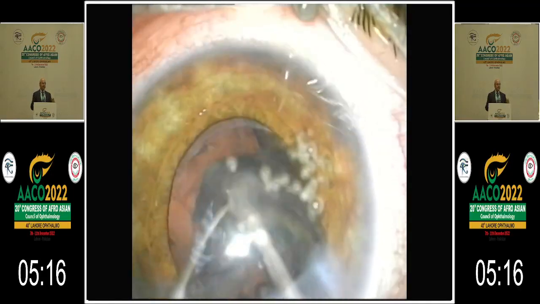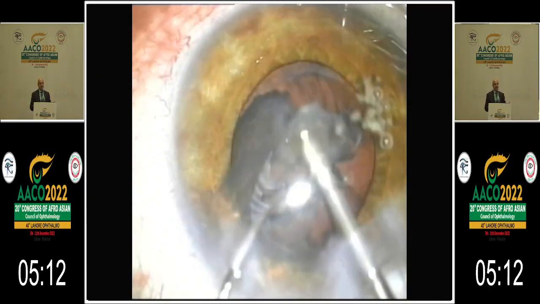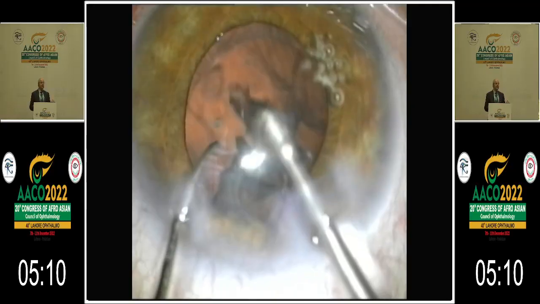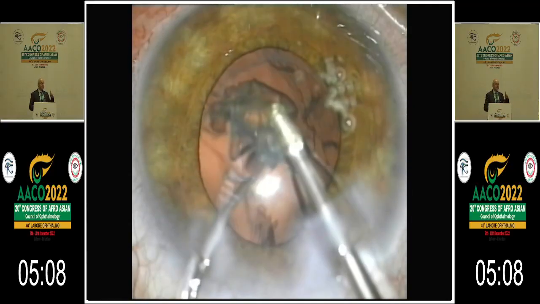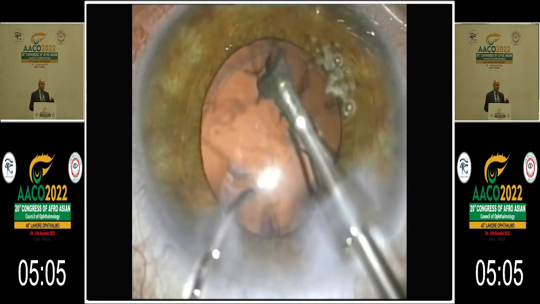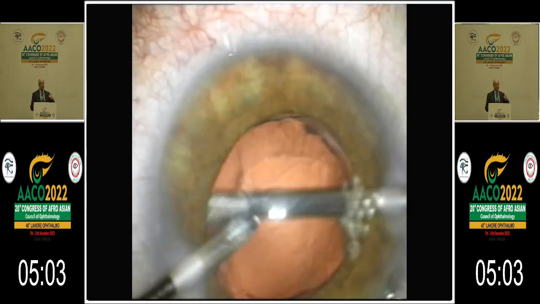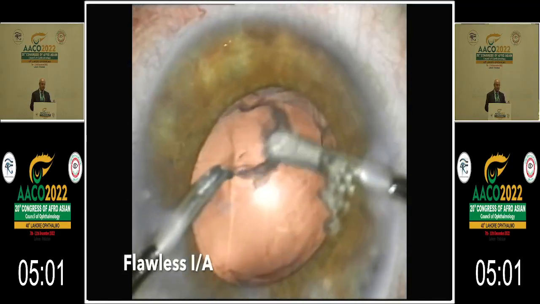And the capsular axis is now done with this LDV. It's a very low energy machine. So the rhexis is really as strong as a manual rhexis, not like other machines or earlier models. And the irrigation aspiration is done as normal.